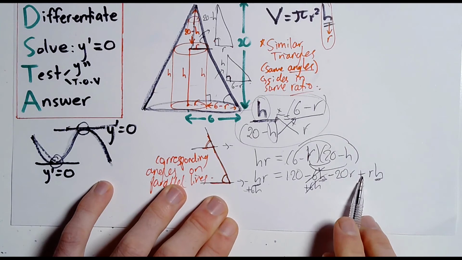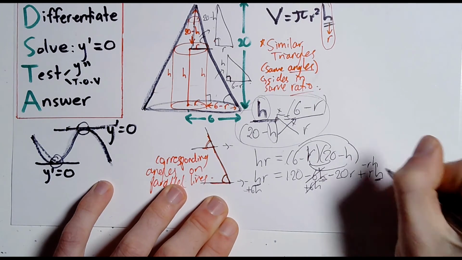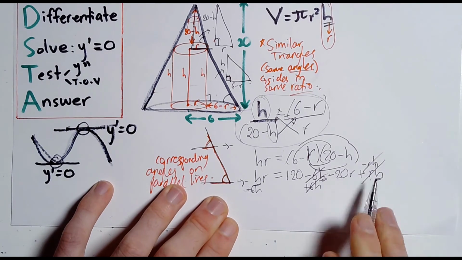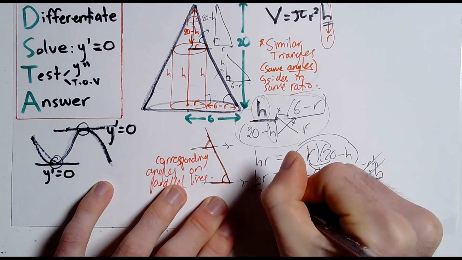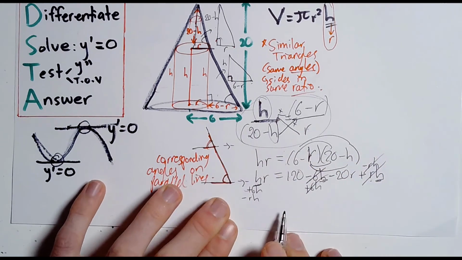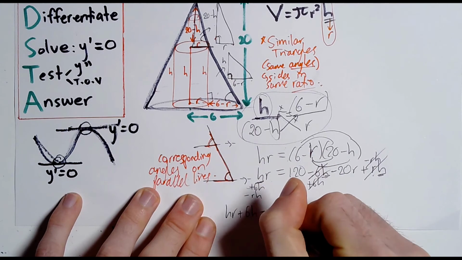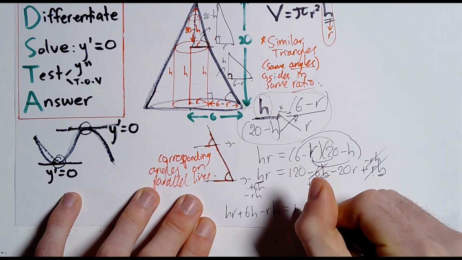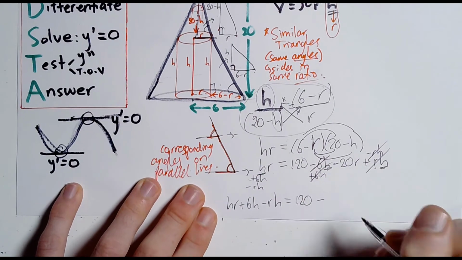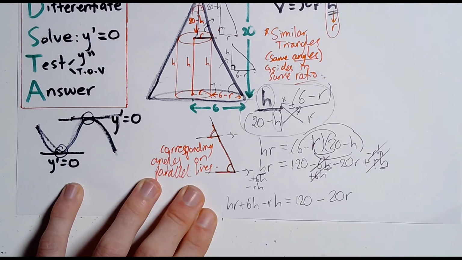To get rid of plus rh, I need to subtract rh, because that would give 0 there. But what I do to one side, I have to do to the other side. So minus rh. Now rewriting all of this, I get hr plus 6h minus rh equals 120 minus 20r.